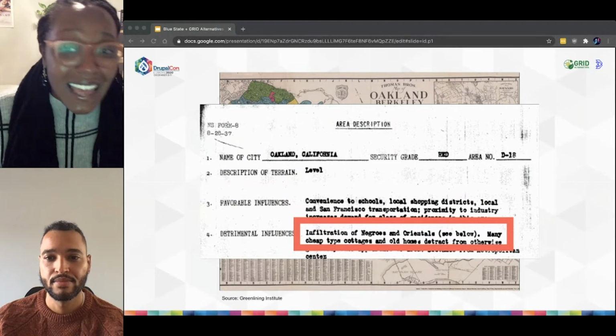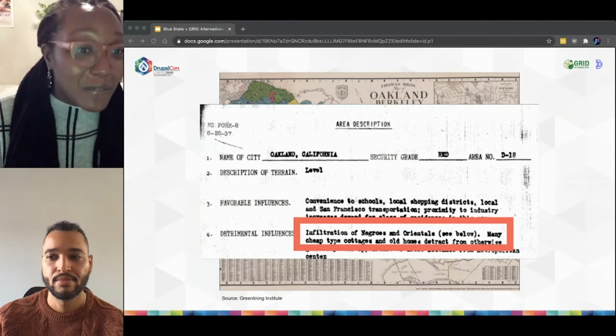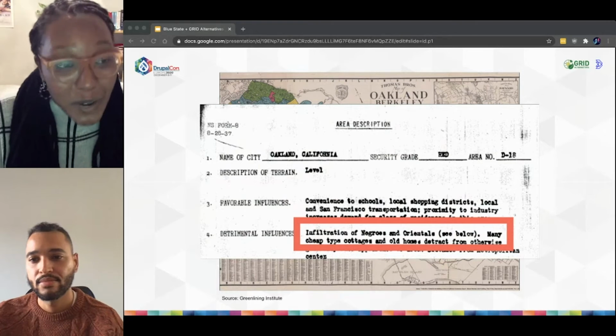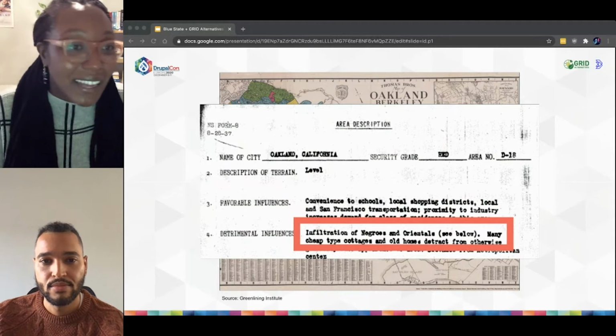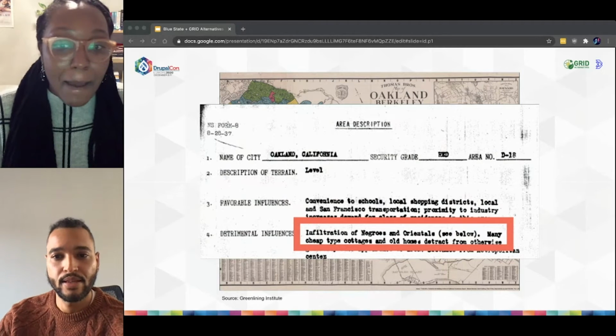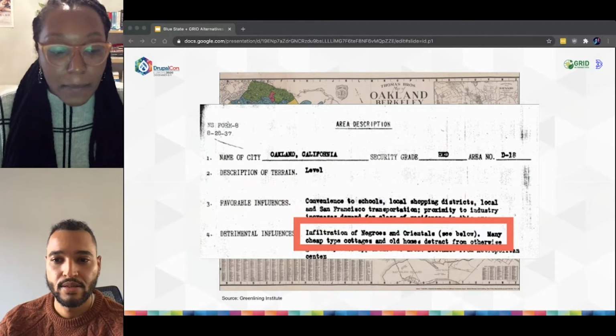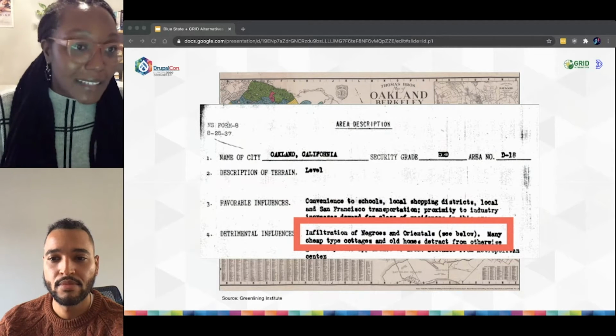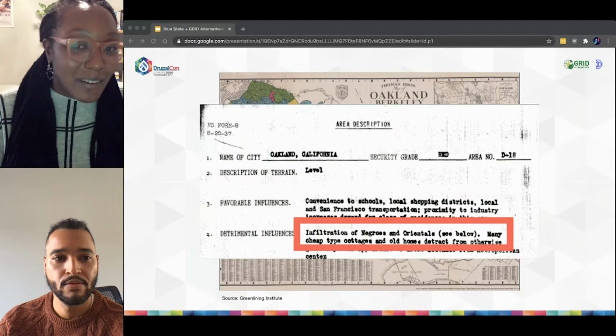And you see that the detrimental influences are the infiltration of Negroes and Orientals, so language in the 30s that we don't use today, but it really shows that risk was measured by someone's ethnicity and race.